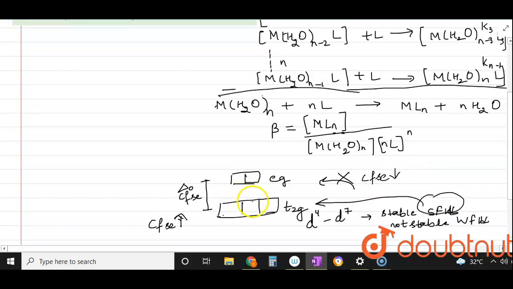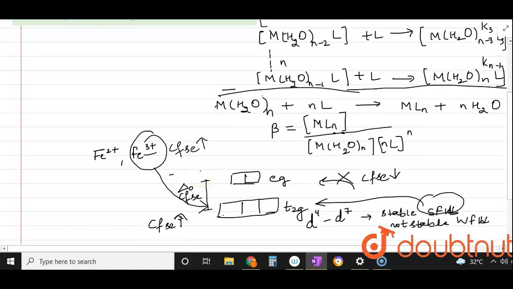Okay, so that's why you can say if we have ferrocyanide and if we have ferricyanide, in ferricyanide the electrons will be less. The electrons being less means they have a tendency to go in the lower energy t2g and more CFSE will be there. So higher the charge, higher will be the CFSE. Also the attraction between the metal and ligand atoms will be higher.